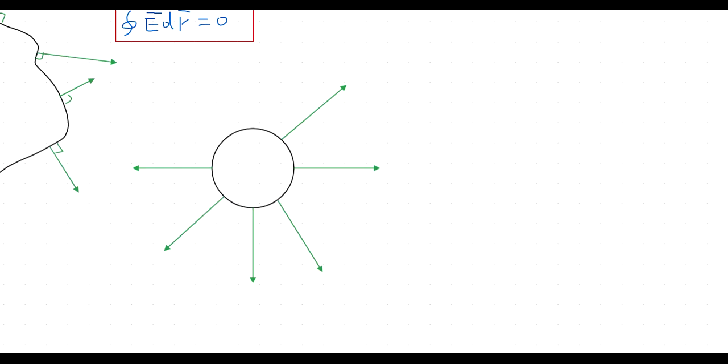So here we have the electric field intensity vector that is always perpendicular to the surface of a conductor. And the radius of this ball is r.